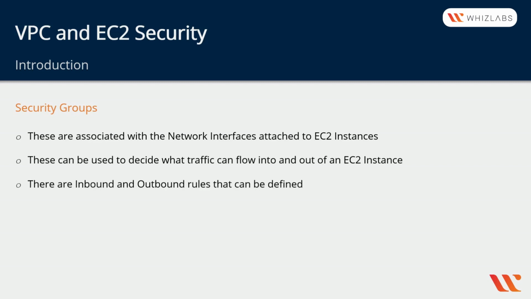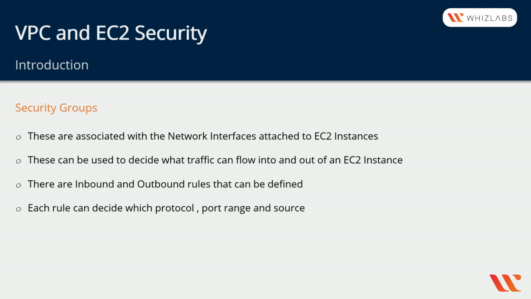Just like network ACLs, there are inbound and outbound rules that can be defined with security groups. Remember that security groups are used at an instance level to protect the traffic, and network ACLs are used at the subnet level. Again, each rule can decide the protocol, port range, and source to be used.